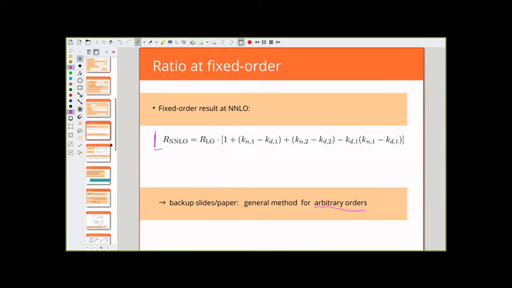At next-to-leading order, you would also like to look into the perturbative expansion, because in the end it comes back to the point that even if you choose different central scales, you would like to have a nice perturbative convergence. That was, for example, investigated in one of the inclusive jet papers by the NNLOJET group. So it would be good to have a look there for different central scale choices, because that is what it comes down to.